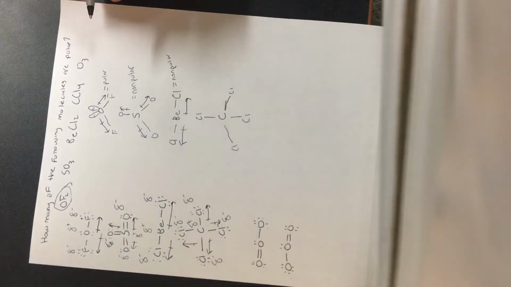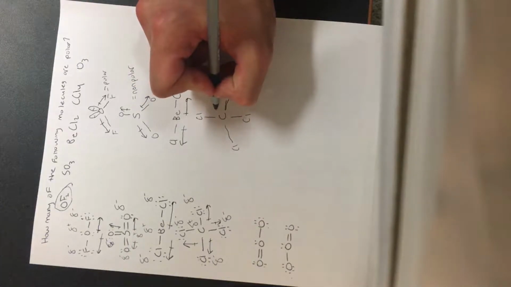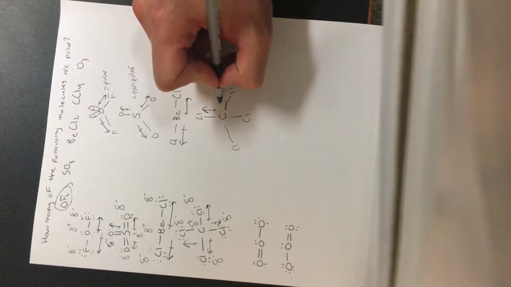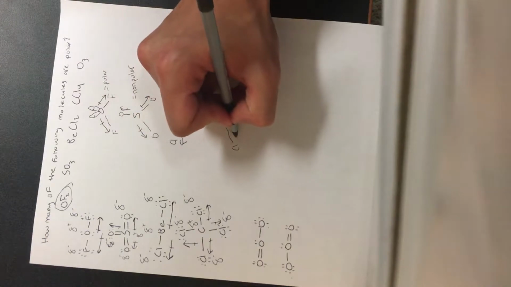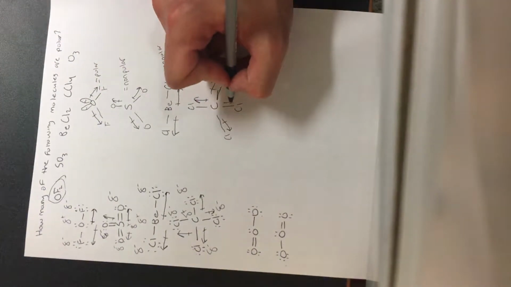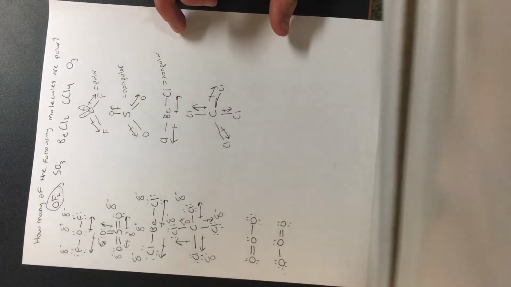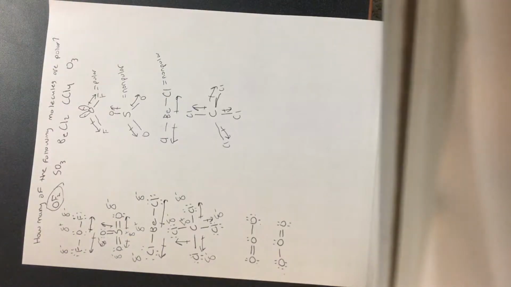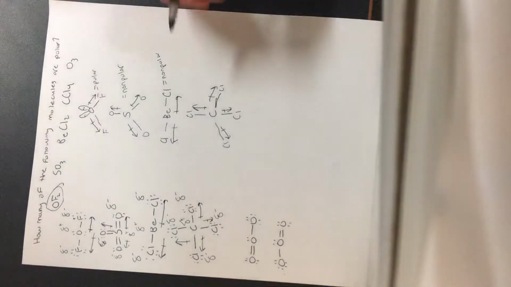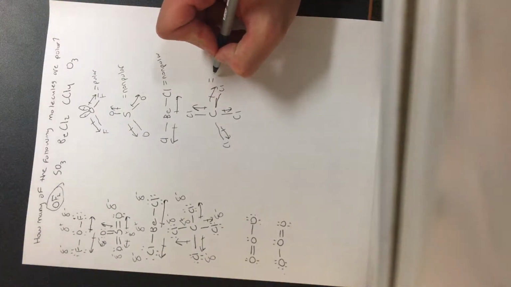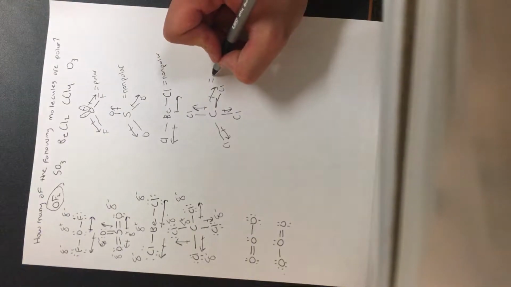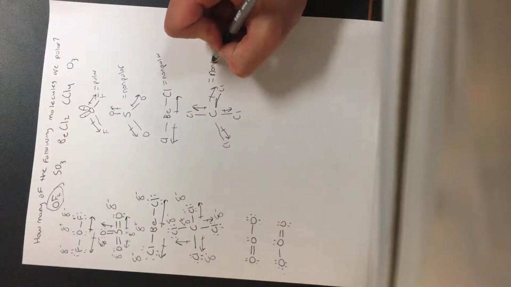Now, we can finish with the dipole moments. So, since all the dipole moments will cancel out, as they're all pulling equally in opposite directions, this molecule right here is also going to be non-polar.